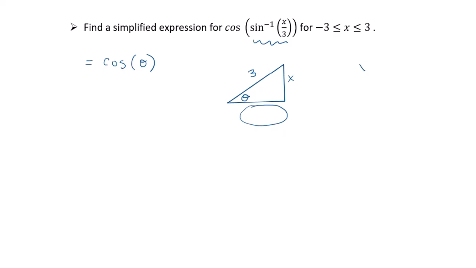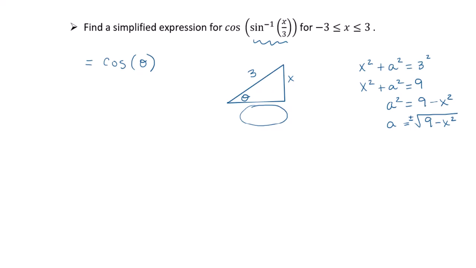So let's come to the side and do a little work. We'll say x squared plus a squared equals 3 squared. This means x squared plus a squared equals 9. So a squared is 9 minus x squared, and a is the square root of 9 minus x squared, plus or minus that quantity.